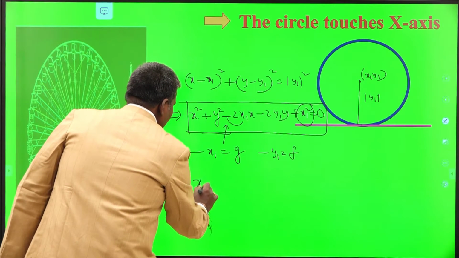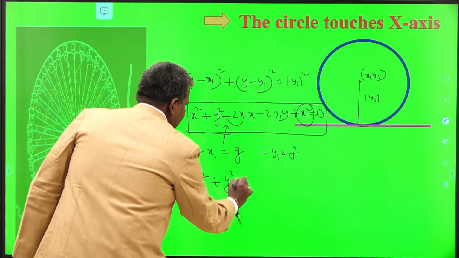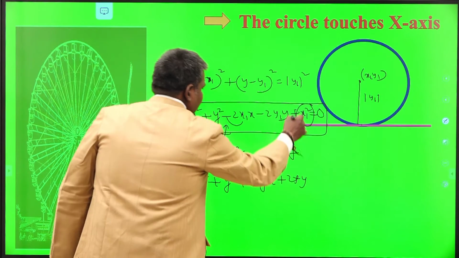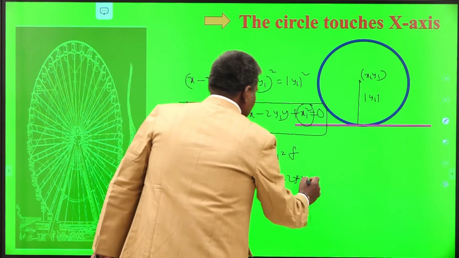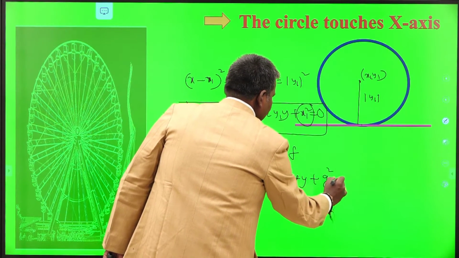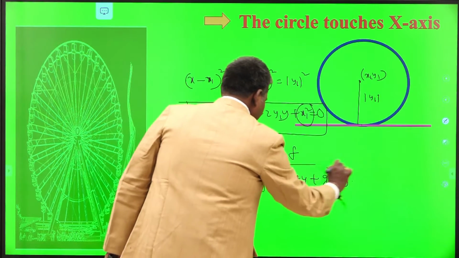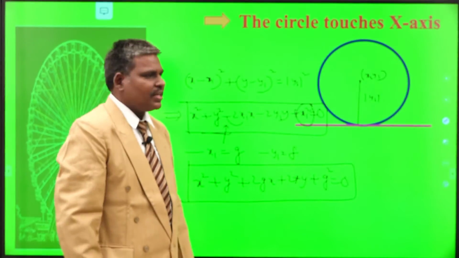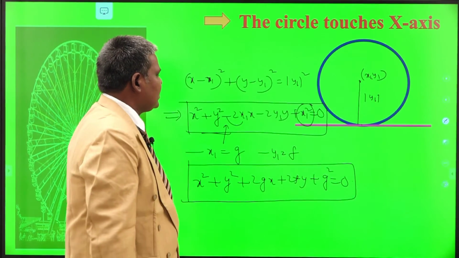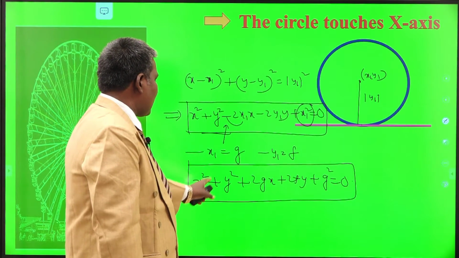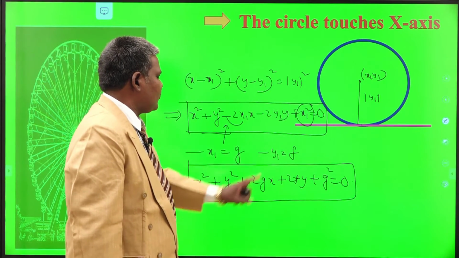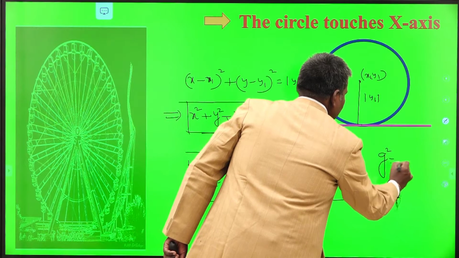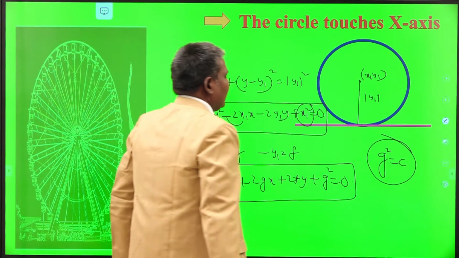The equation becomes x square plus y square plus 2gx plus 2fy plus x1 square, that is nothing but g square, minus g whole square is nothing but g square. See this one. This is the equation of circle which touches the x-axis. x square plus y square plus 2gx plus 2fy plus g square equals 0. Here g square is equal to c is the condition.